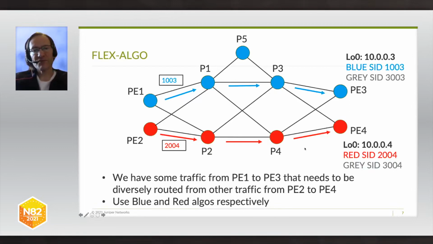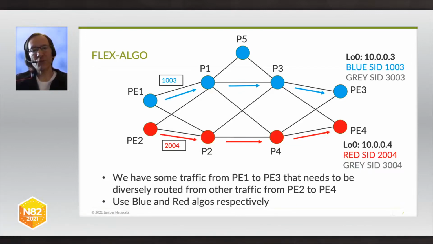And so in fact, this slide illustrates the very first use case of flex algo when flex algo was first invented, which was to achieve plane enforcement in a network where you've got two planes, you put each plane into a different flex algo. And if you want to confine traffic to a particular plane, you make sure you launch it into the corresponding flex algo, and that means there's no way that it can jump across one of those diagonal crosslinks to the other plane.